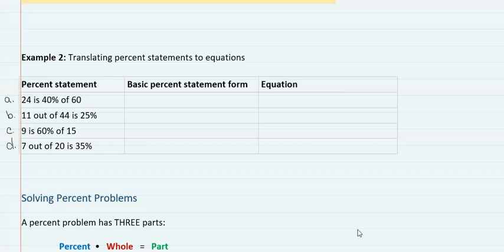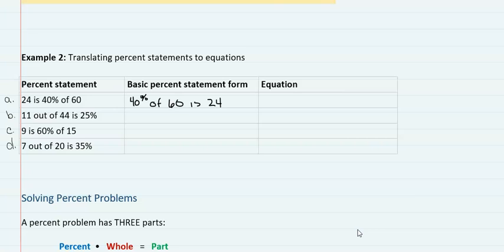So 24 is 40% of 60. So we're going to put this in the basic percent statement form. So we get 40% of what? Of 60 is 24.